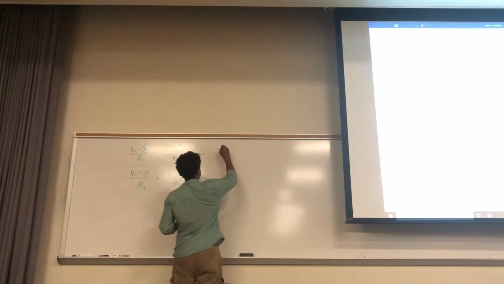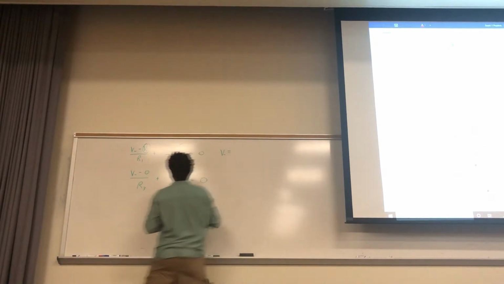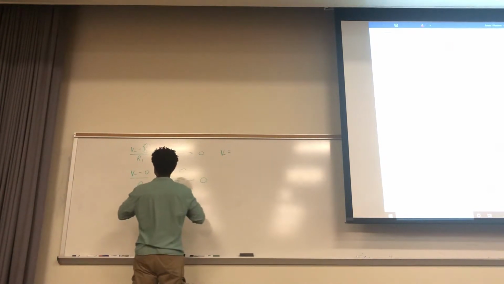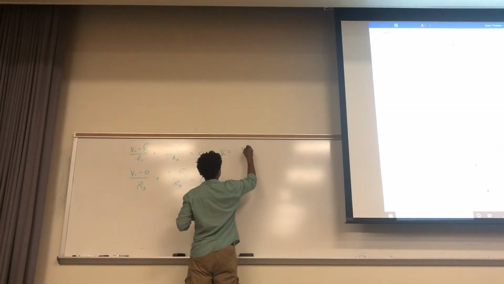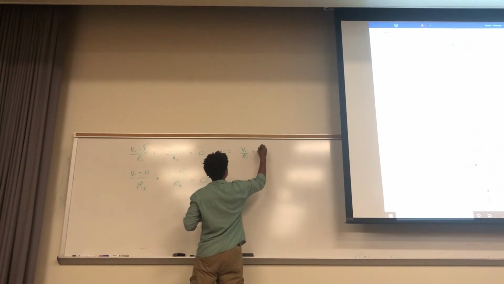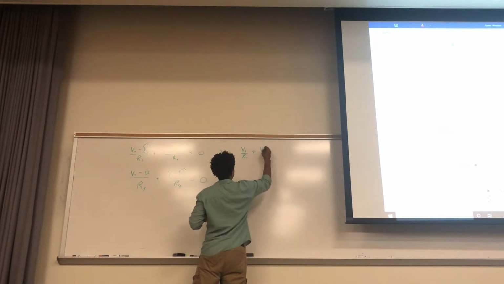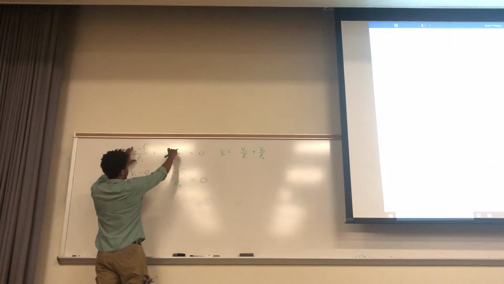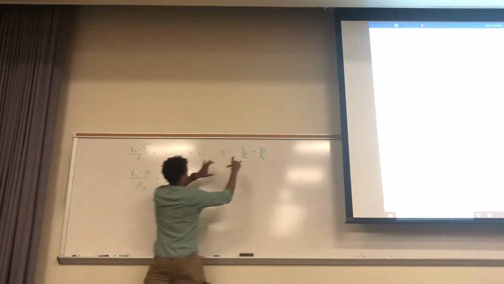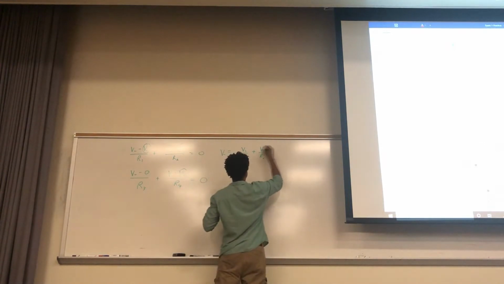Okay, so for V minus, well, let's put this and this on the other side. So we have V1 over R1 plus V out over R2. And then if we factor out the V minus, then we have those two that's going to go on the denominator.